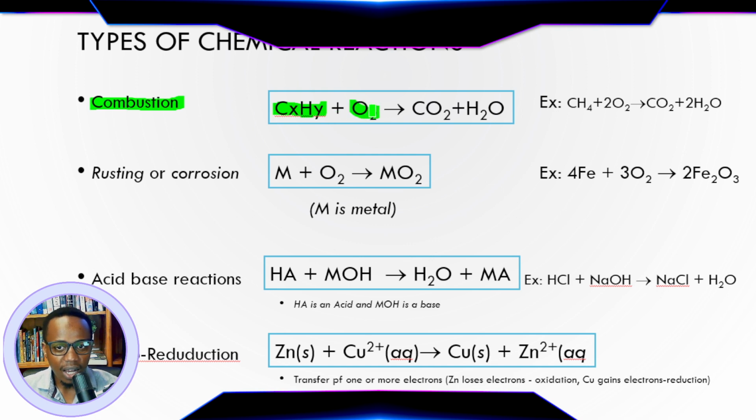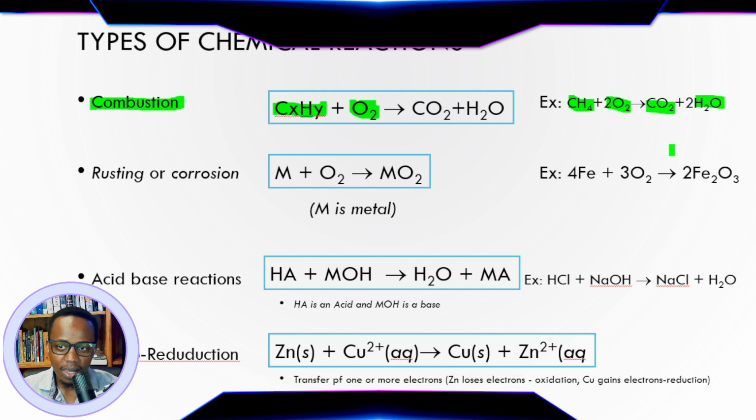Whenever you add oxygen and a spark or something, they're always going to give you CO2 and H2O. That is the rule. And I added X and Y here because it doesn't matter what number is down here. Whenever you have carbon and hydrogen, and sometimes oxygen here, whenever you add O2, it gives you CO2 and H2O.